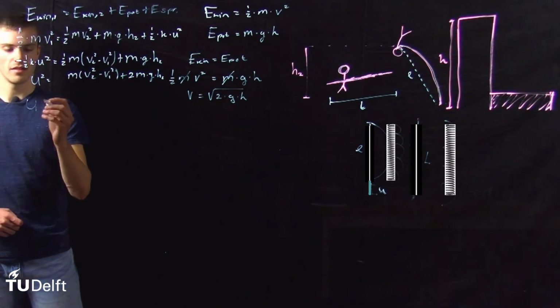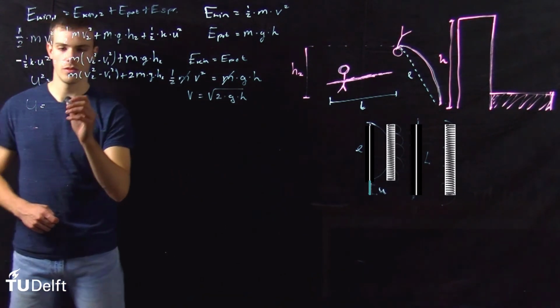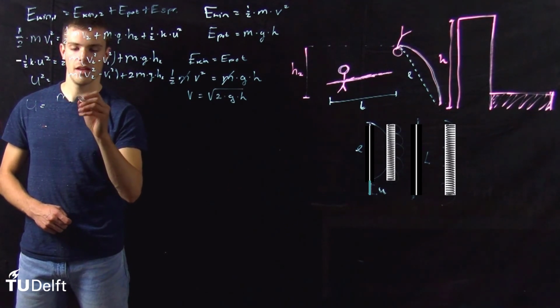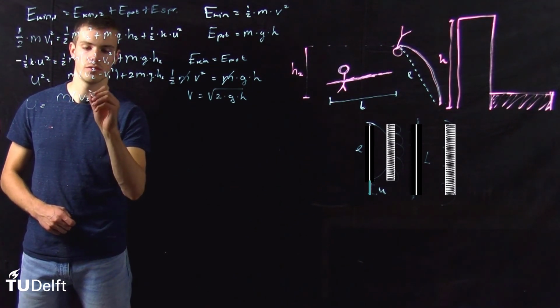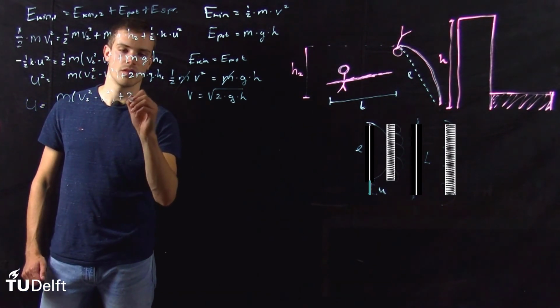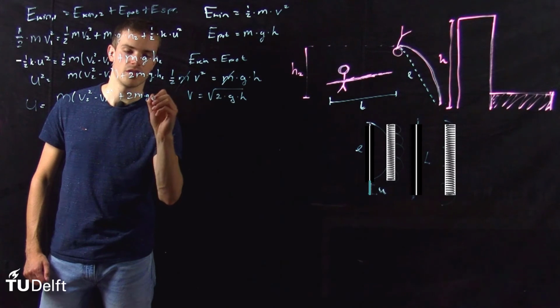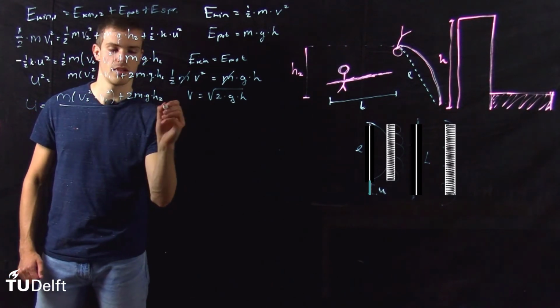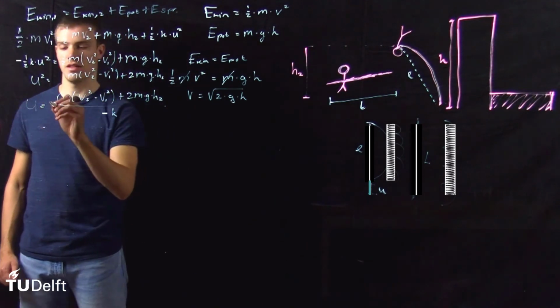Now u is equal to the square root of m times (v2 squared minus v1 squared) plus 2m times g times h2, divided by k.